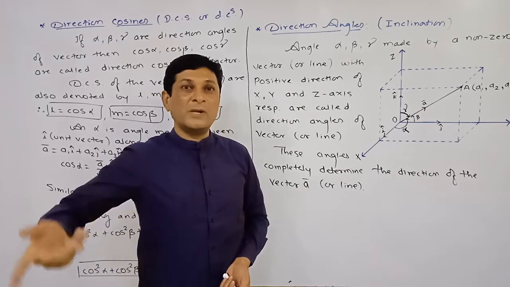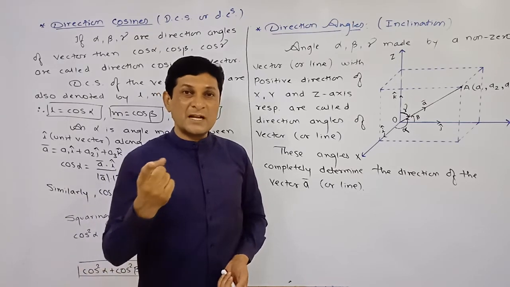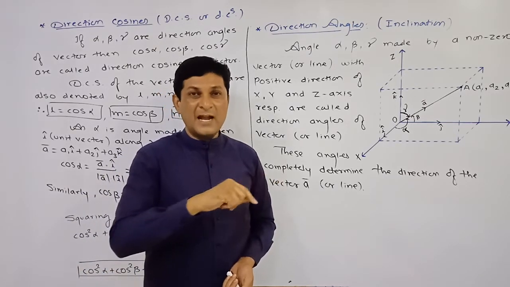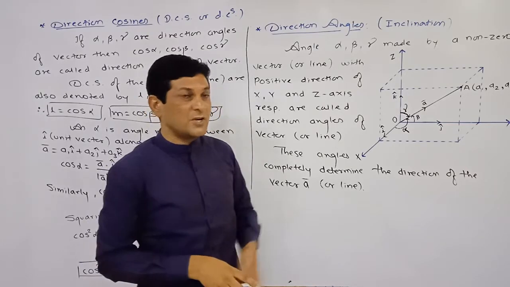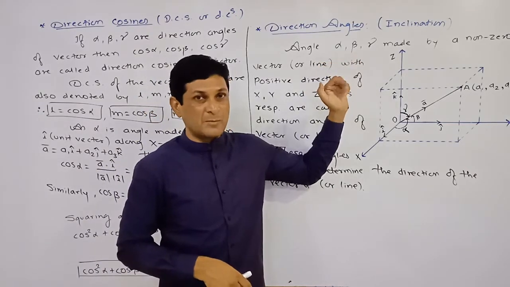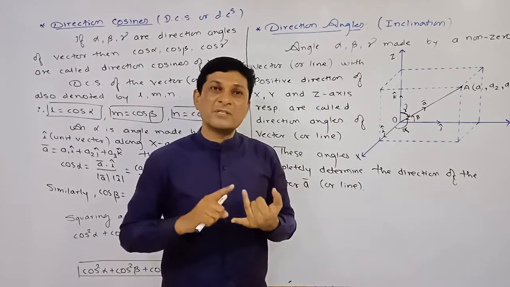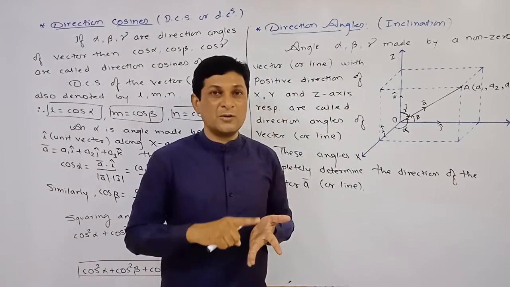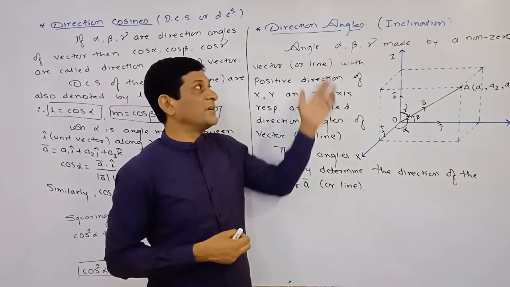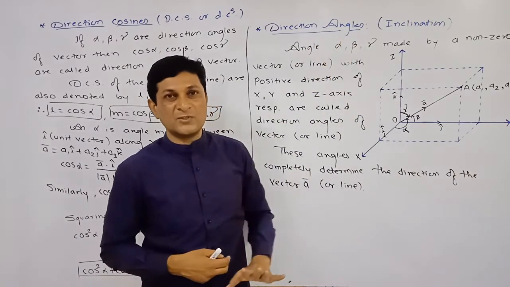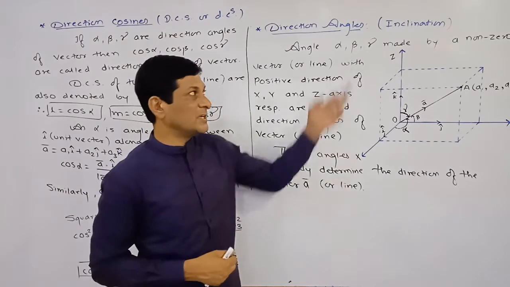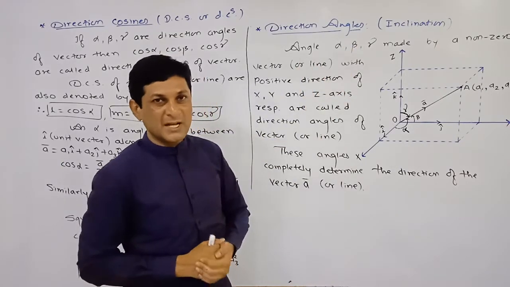Inclination means the angles alpha, beta and gamma, and equally inclined means these inclinations are equal, that is, alpha is equal to beta is equal to gamma. It is not necessary that the word direction angle will be used every time; sometimes the word inclination is used. So inclination is an alternate word for direction angles.